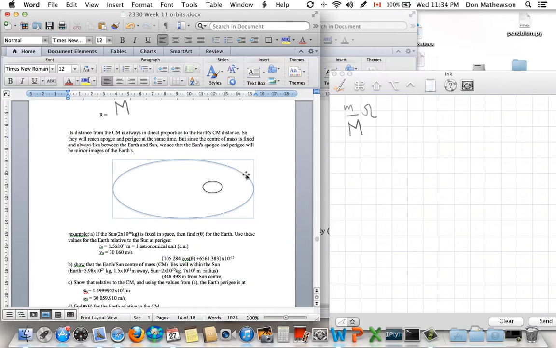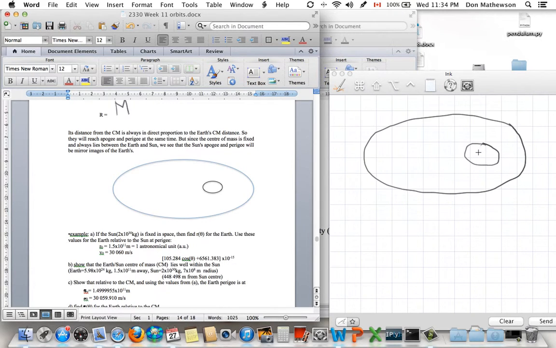So I wish I could write on here. Here you've got the Earth. Maybe I'll just draw it over here, and then you can add a few things on to your picture there. Microsoft Word sabotages this for Apple users, unfortunately. Okay, so what I would do is I would put the center of mass right about there. That's the center of mass.